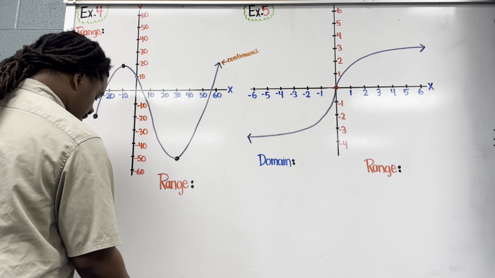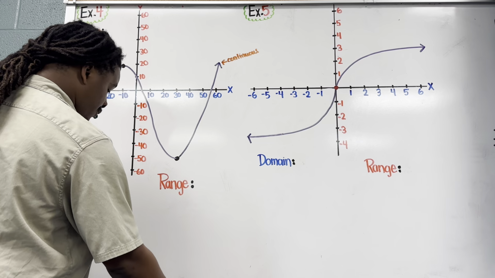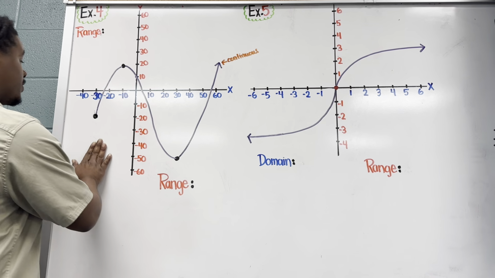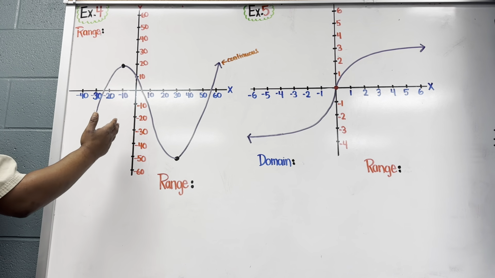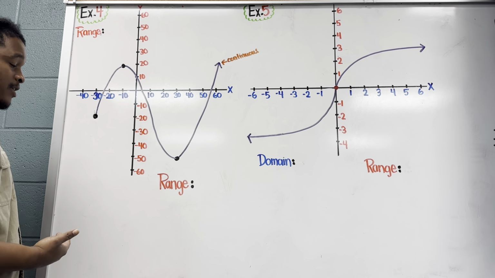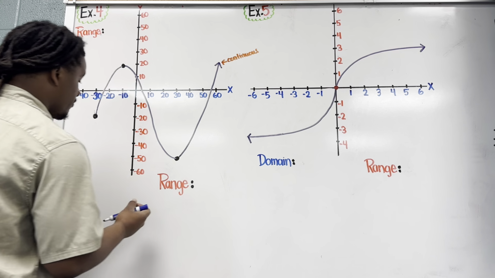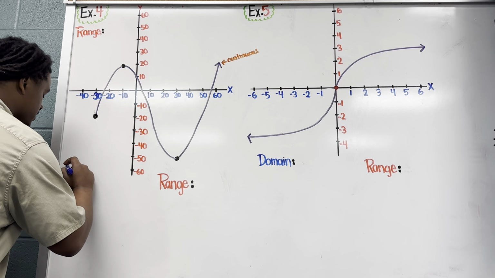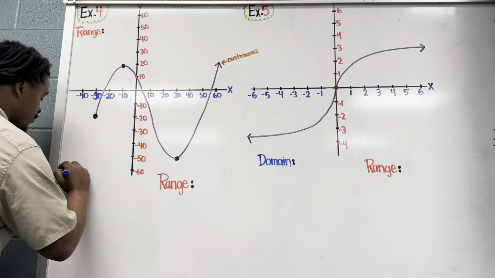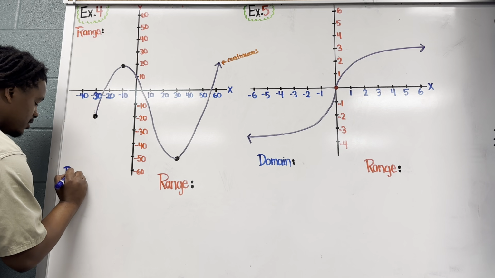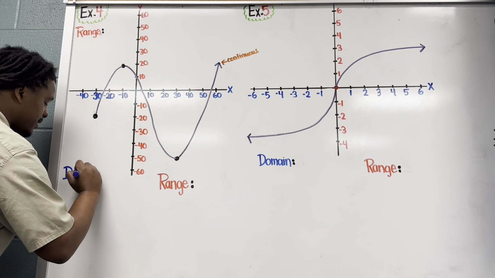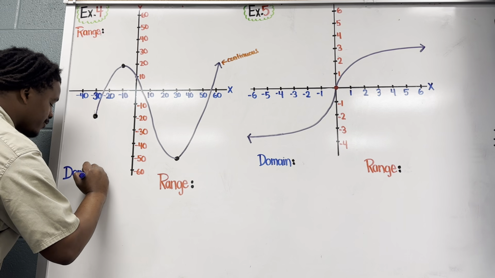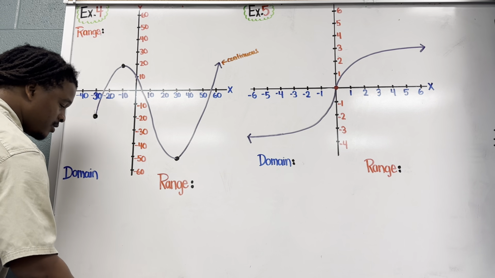And today, guys, I want to go over example 4 and example 5 of how we're going to figure out the domain of a function and the range of a function, okay? And remember, guys, just like I've stated in example 1, example 2, and 3, the domain is the horizontal boundary of the function, okay?